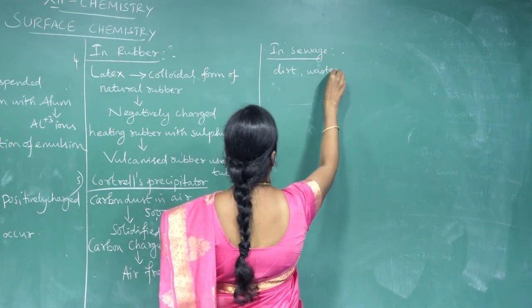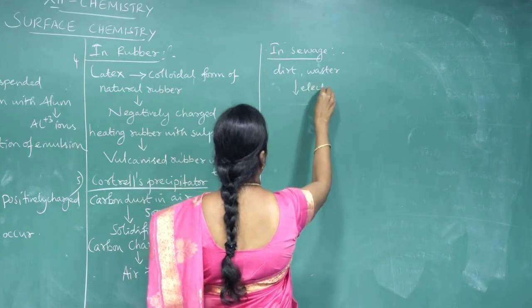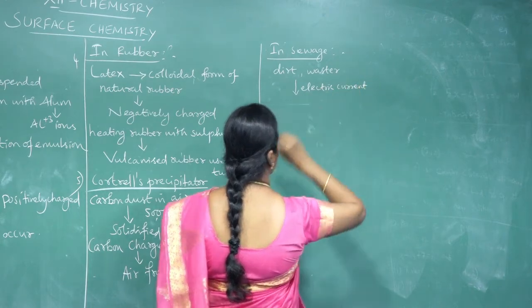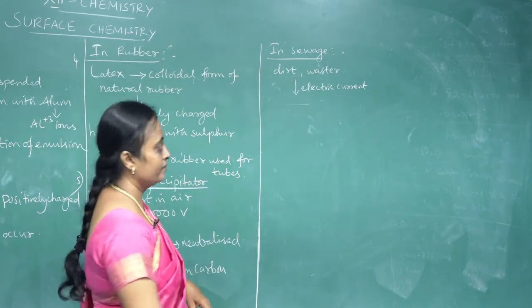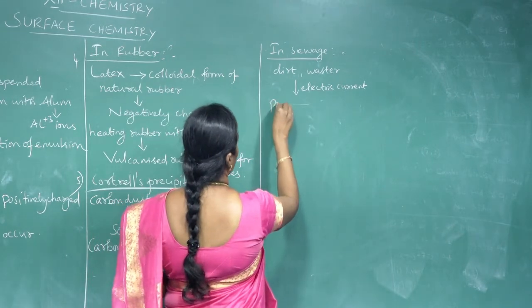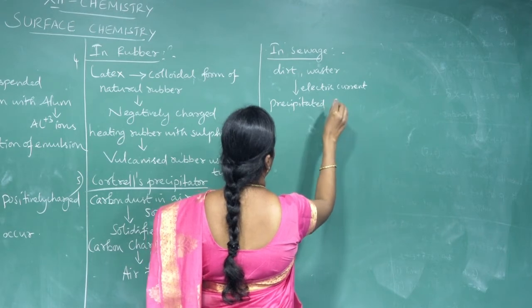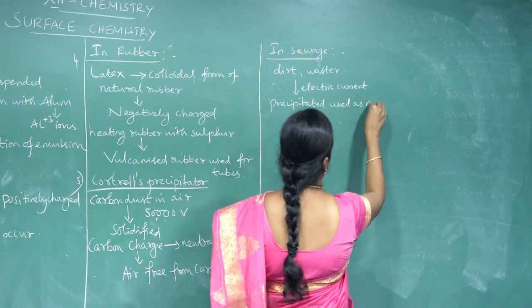Whenever you pass an electric current into the sewage, the dirt and the waste will be precipitated, and it is used as manure.